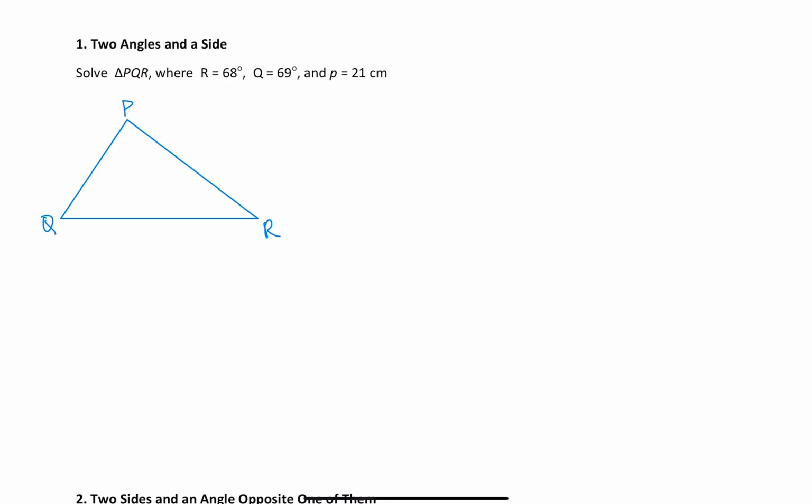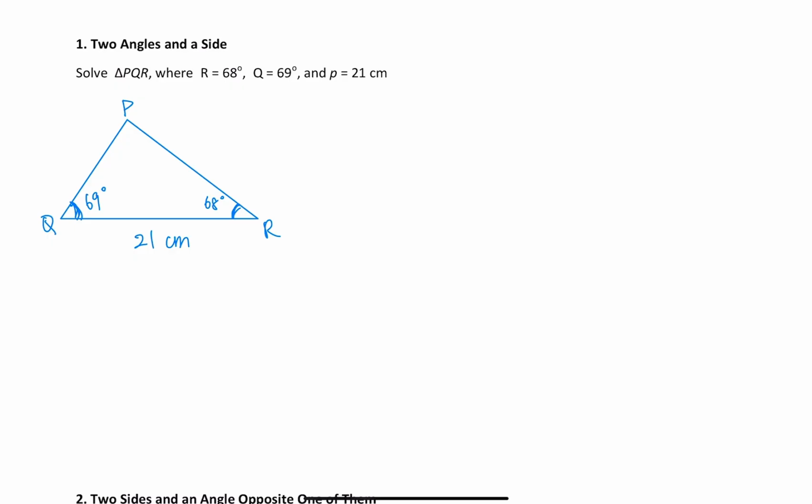Okay, and that means, if R is 68 degrees, this is 68. Q is 69 degrees, and side P is 21 centimeters. So it matters what you label as 21. P is 21, so it has to be opposite angle P. So it means that this side is 21 centimeters.